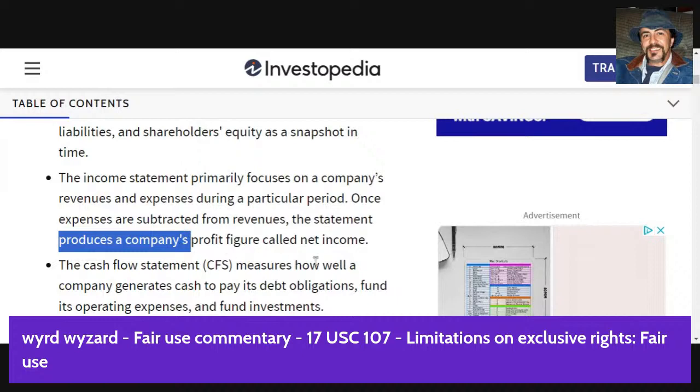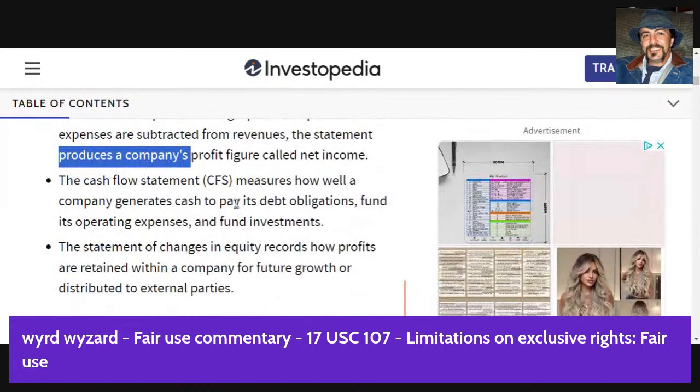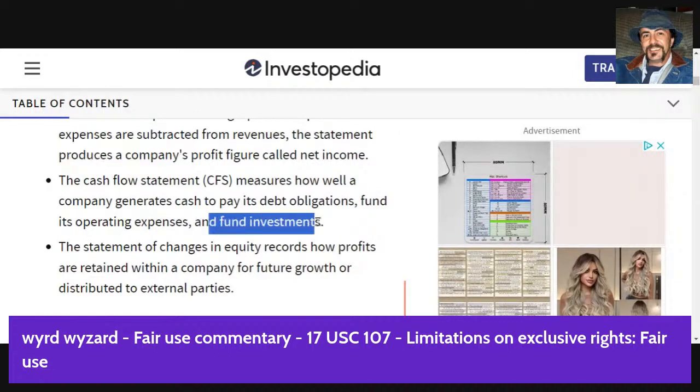Cash flow statement measures how well a company generates cash to pay its debt obligations, fund its operating expenses, and fund investments. Only companies can invest. You have to be a corporate entity with a proper identification so that they can track you down.